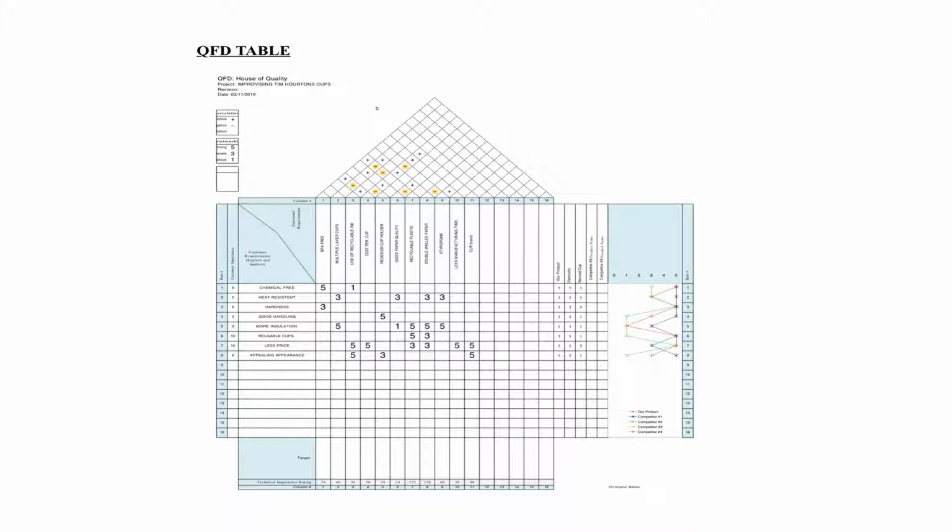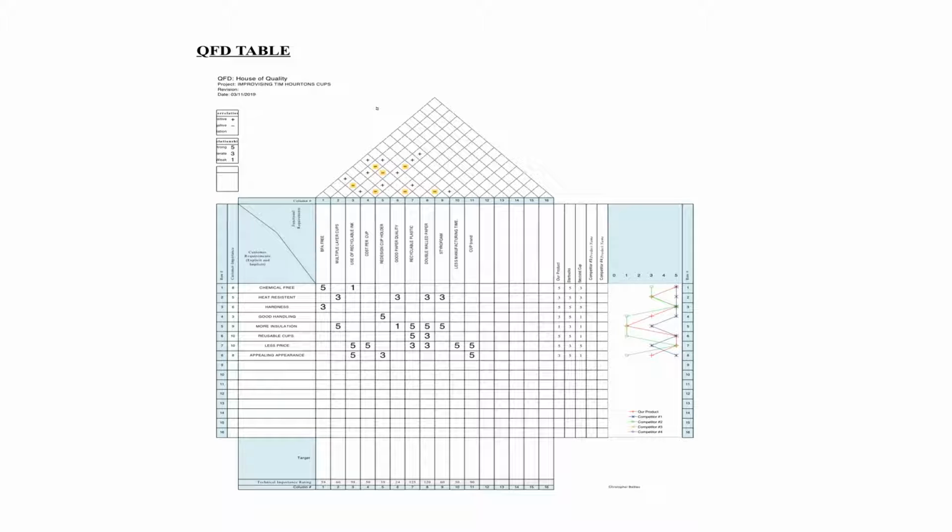So if one engineering solution is applied, two of the customer basic requirements are achieved. In the same way, there are correlations between the engineering solutions, where two engineering solutions give an answer to one customer requirement.